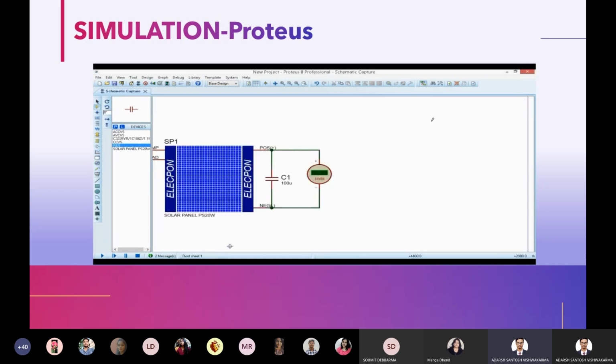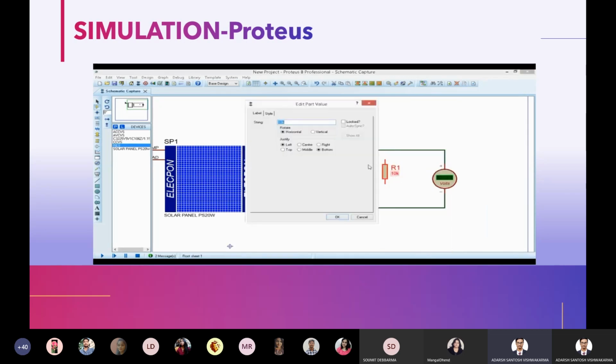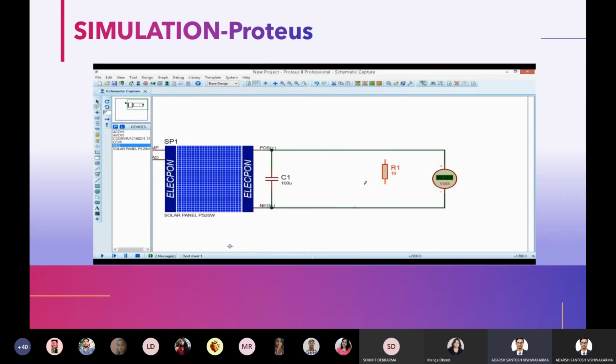A resistor has to be connected so that the device doesn't get damaged, because the current shouldn't pass a specific limit according to the device specifications provided by the manufacturer, or it can damage the device.